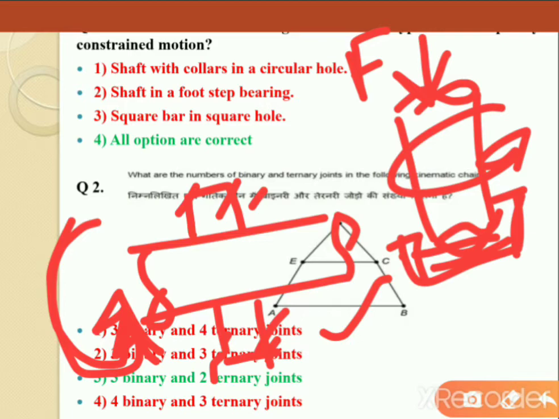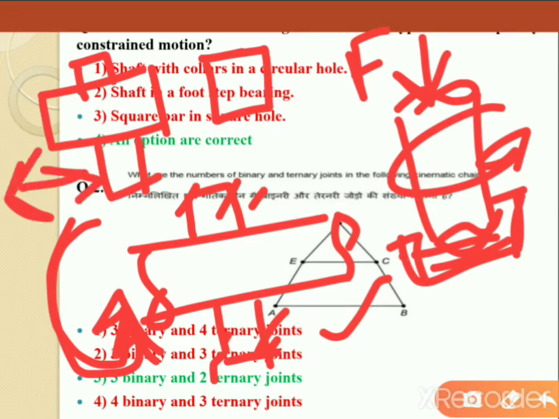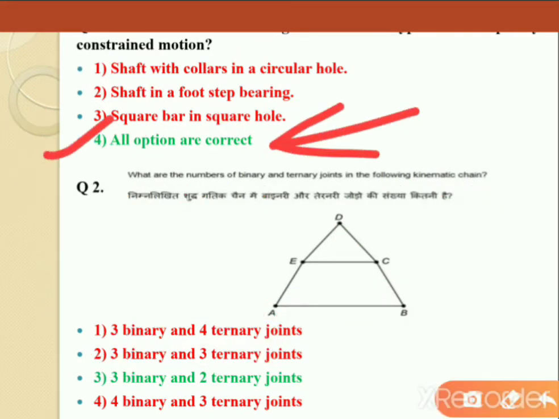Option 3 is a square bar in a square hole. The square bar sits within the square hole, so you can easily see it can only move in that direction. So it's also a unidirectional motion and also correct. So option 3 or option 4, all the options are correct. It will be the final correct option.